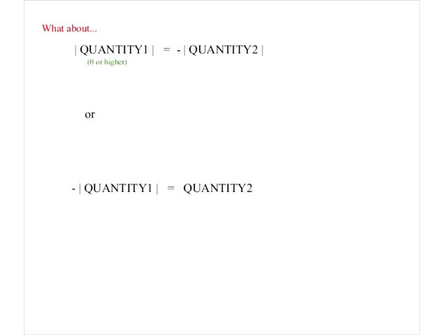And this thing on the right, since it's a negative of an absolute value, is either 0 or lower. So this is not really going to be much of an issue here. This is only going to have a solution if both of those quantities are 0. So again, this one is only going to work if both quantities are 0.